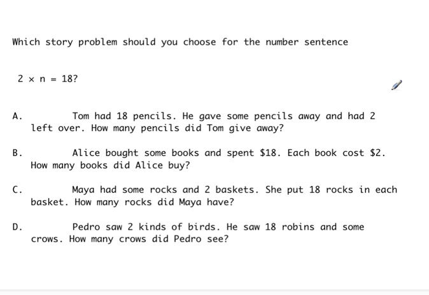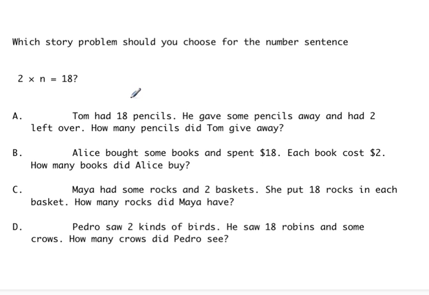Another situation may be you have to figure out which story problem makes the number sentence true. So here I have 2 times something equals 18. So read to yourself A, B, C, and D and figure out which story problems makes the most sense.